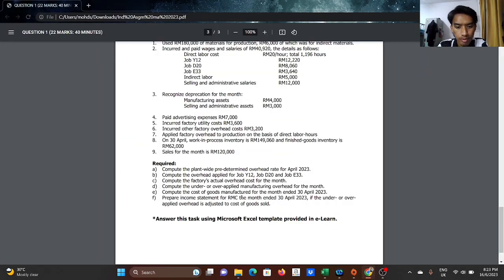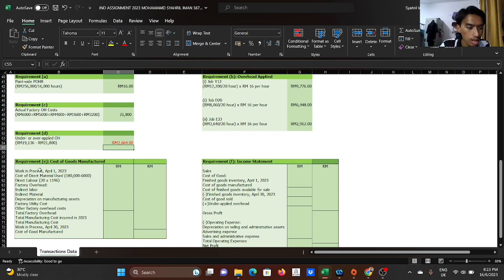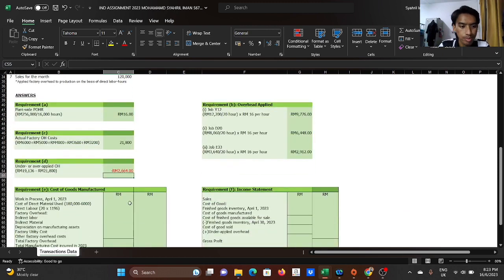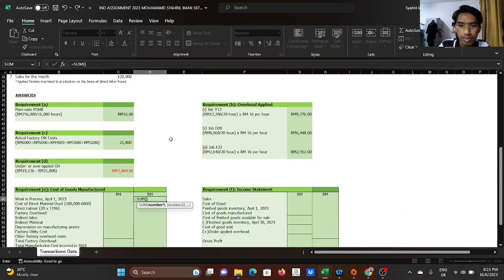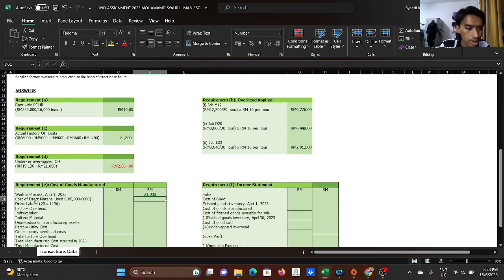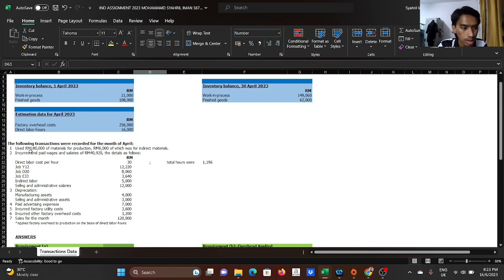Question E, compute the cost of goods manufactured for the month ended 30 April 2023. Okay, for this question, first we need to put work in process April 1, 2023, which is from the question 21,000. So we take it from the question. Next, cost of direct material used. From this question, it is mentioned that 100,000 of material was used for production, but it is combined with 6,000 of indirect material.